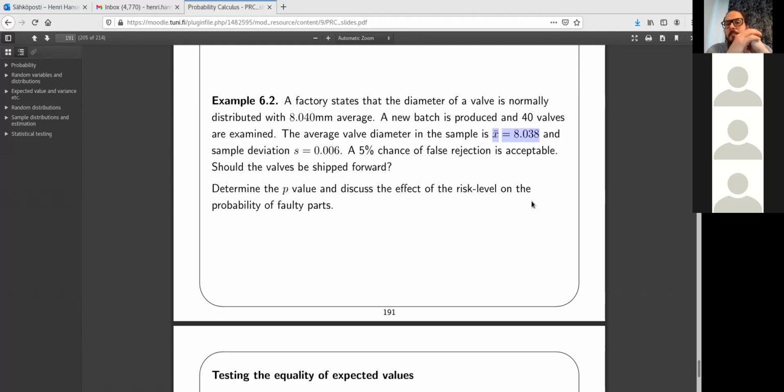In this case, if it's dangerous for some reason to ship these faulty parts, then we might have a very low threshold for rejecting the null hypothesis. We would accept very little in terms of change there. But if we are trying to see if something has changed in the sense that we have to draw new conclusions, then we shouldn't be very ready to reject the null hypothesis.